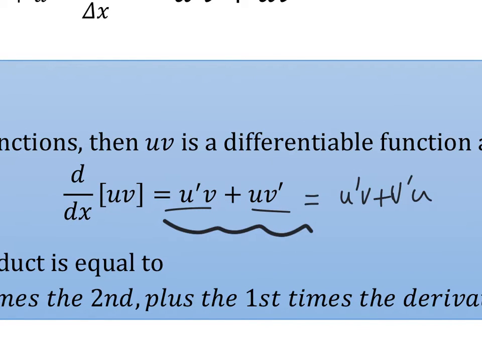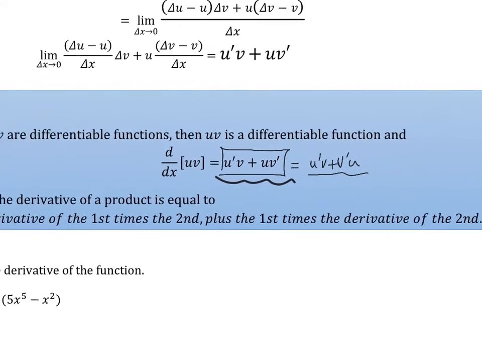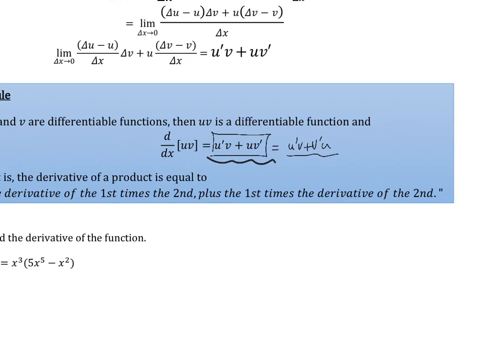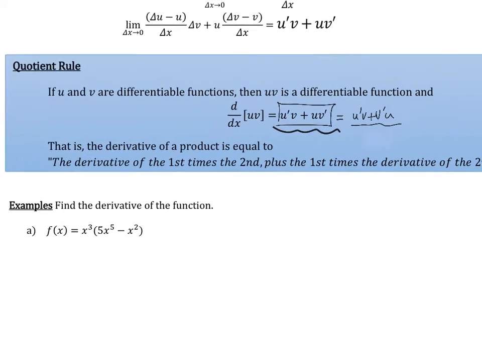Okay, hopefully you see that that's the same thing. I'm going to encourage you to remember it in this order because it will apply to our next one. Okay, it'll apply to dividing. So, derivative of u times v plus u times the derivative of v. Okay. So, derivative of the first times the second plus the first times the derivative of the second. That's all that's going on.